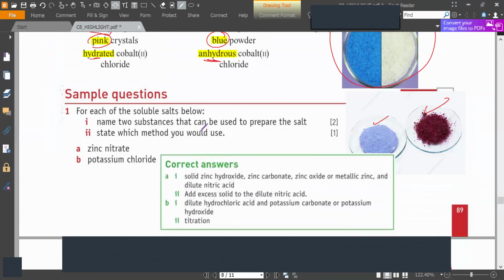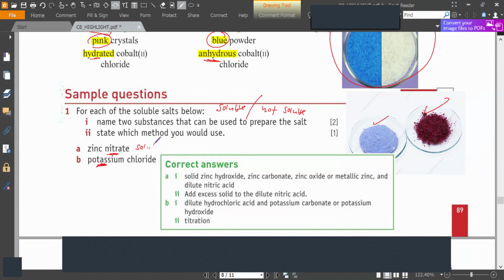For each of the soluble salts, name two substances that can be used to prepare the salts. Step one, we need to identify whether it is soluble or not soluble. For zinc nitrate, we know all nitrates are soluble, and all potassium salts are soluble.